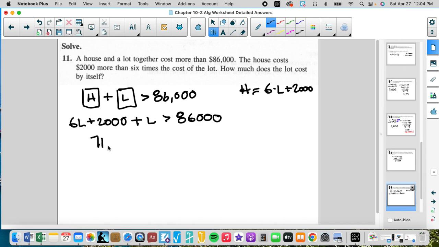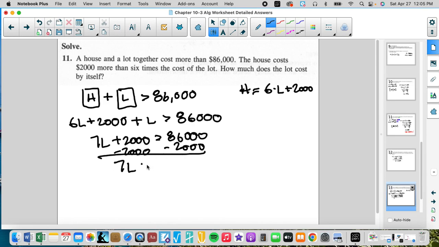And so I got 7L plus 2,000 is greater than 86,000. Let's minus that 2,000. That is 7L is greater than 84,000. Divide by 7, divide by 7. So that lot must be greater than, how much does a lot cost by itself?